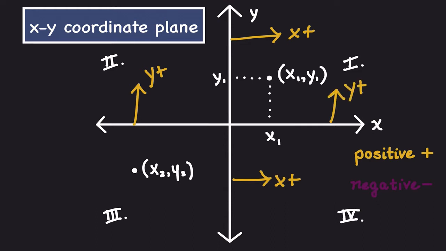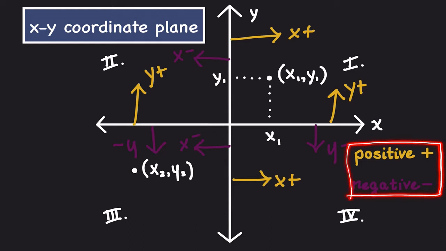In terms of negative values, everything to the left of the y-axis will have negative x values. And everything below the x-axis will have negative y values. So just a reminder of how the coordinate system works and where those positive and negative values will occur for XY coordinates.